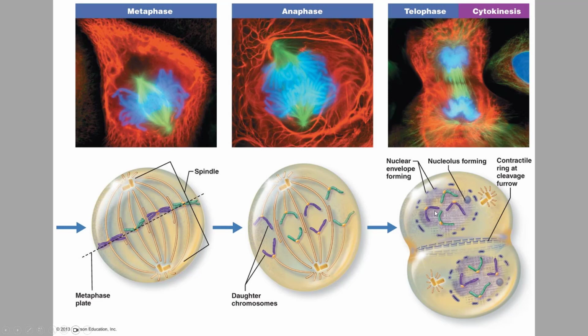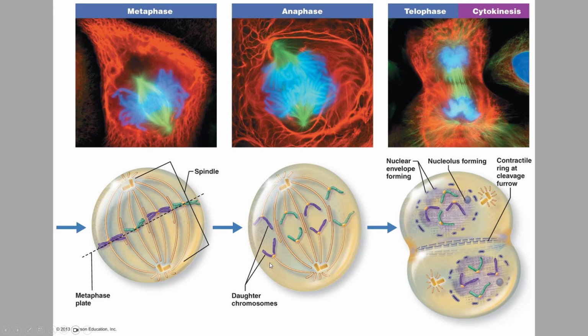It's going to start to look hazy again. It's going to be just chromatin. The nuclear envelope is starting to reform. The nucleolus starts to reform. So that is the part that we call mitosis.